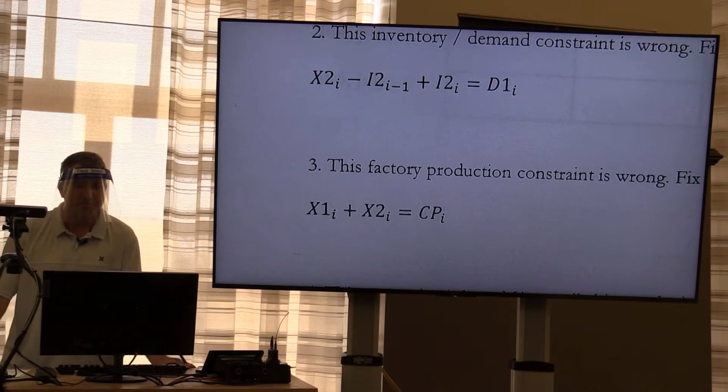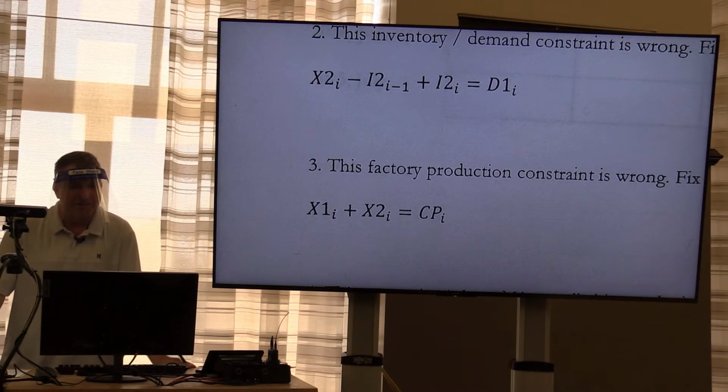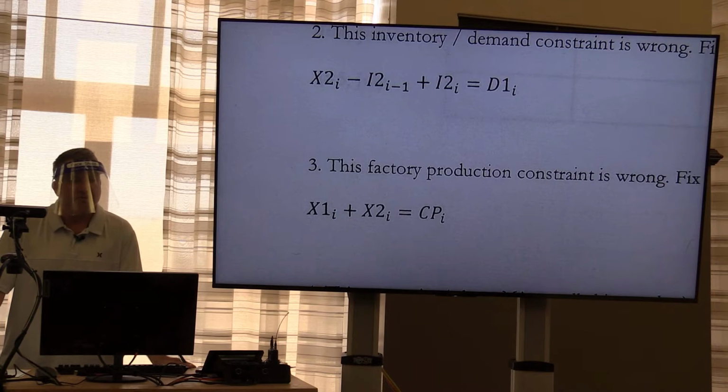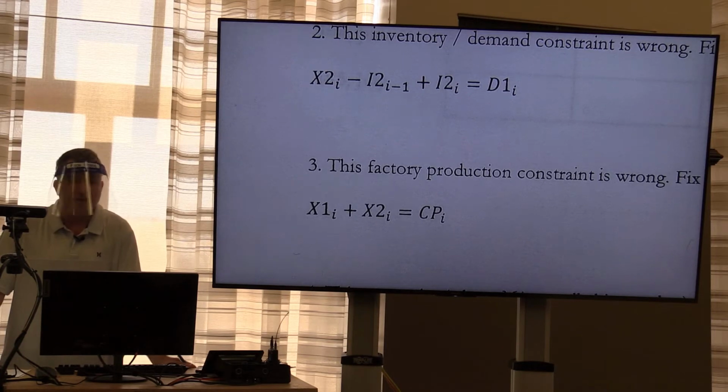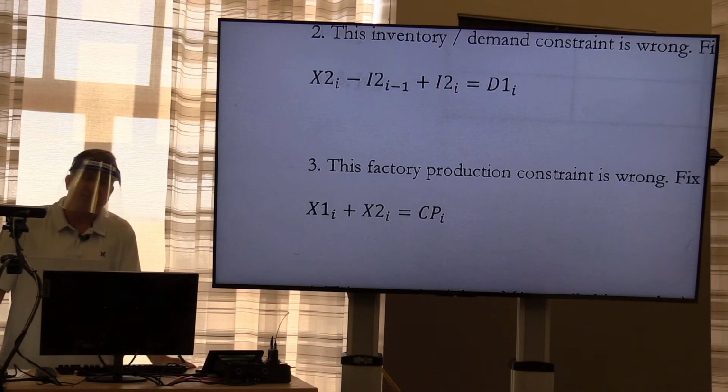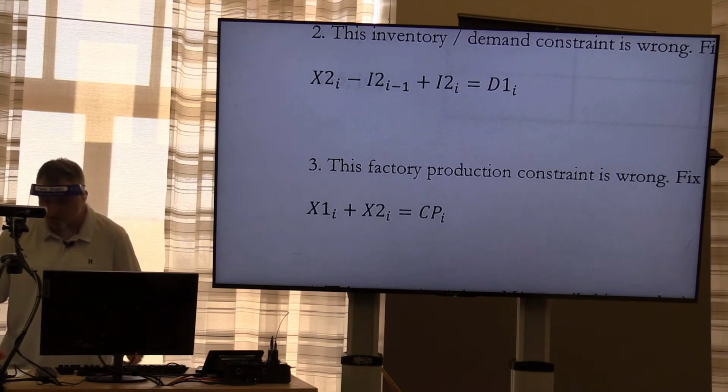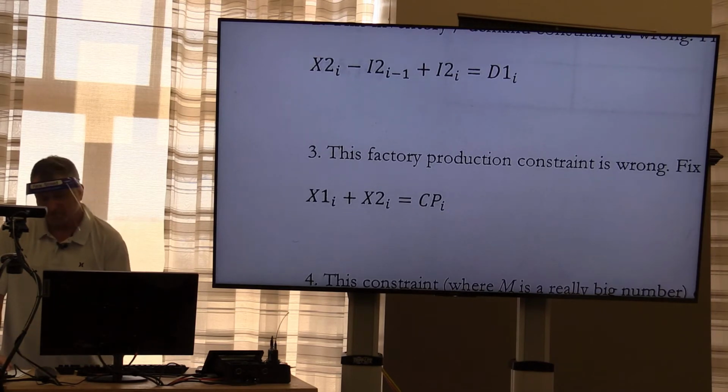Okay. Inventory demand constraint. There's something wrong there. We have to fix it. Now, I'll give you a start here, because whenever I have to do this constraint, I've done it for you probably 10 times already, I always have to start from somewhere different, with what I know.